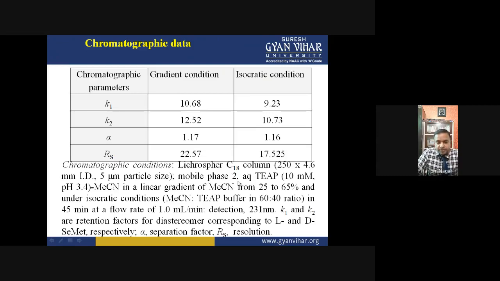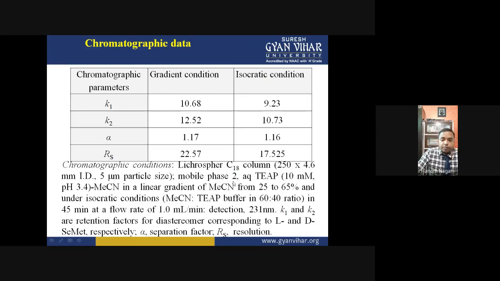And the mobile phase was TEAP, used as a buffer, and the pH of the TEAP buffer was 3.4.